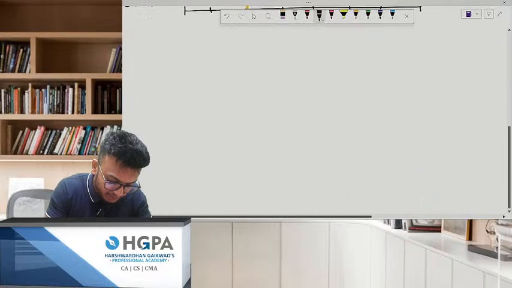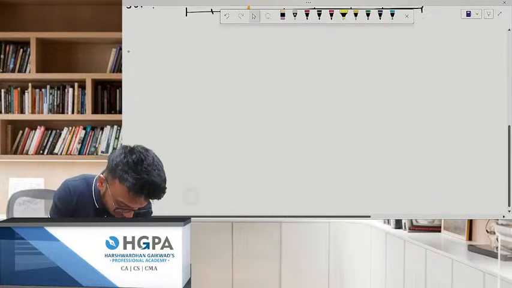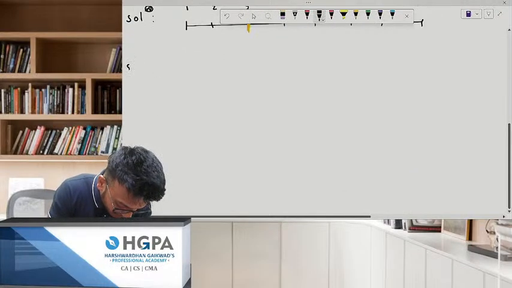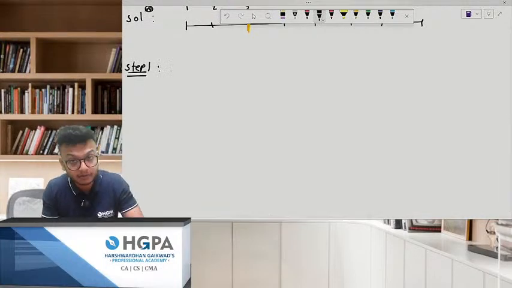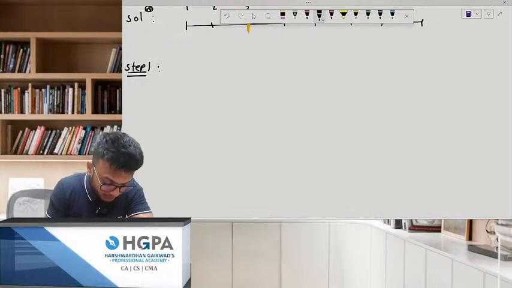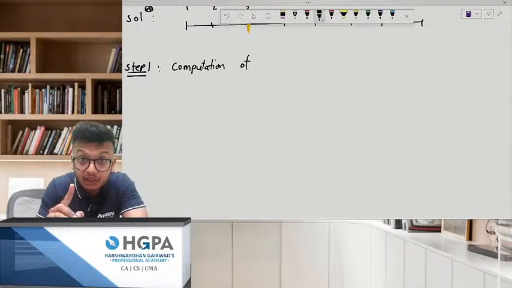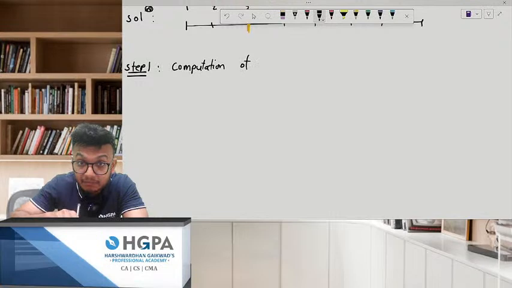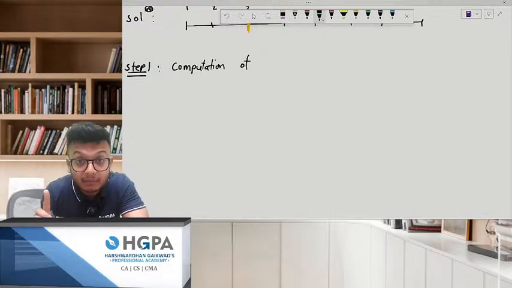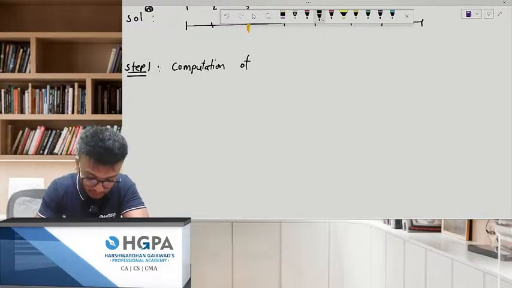Can we start doing it? Everybody ready? Step number 1. Presentation is of utmost importance. Okay, so computation of everything will be preceded by one word called incremental. That is very important.